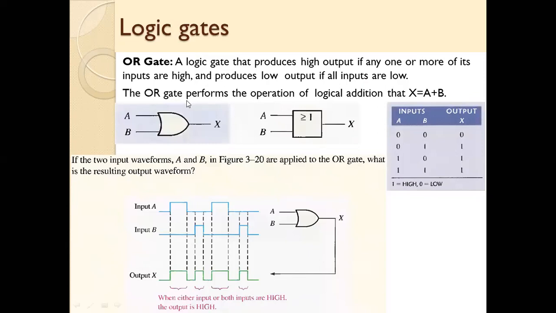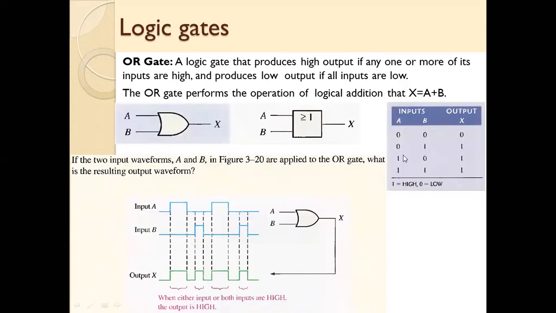So how can you define the OR gate? A logic gate that produces high output if any one or more of its inputs are high, and produces low output if all inputs are low. So the low output would only be produced if all of its inputs are low. This definition is for any number of inputs.